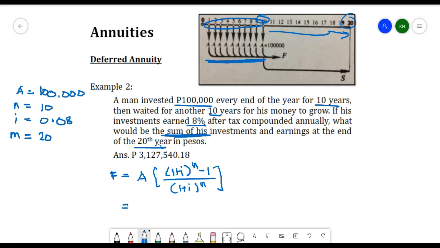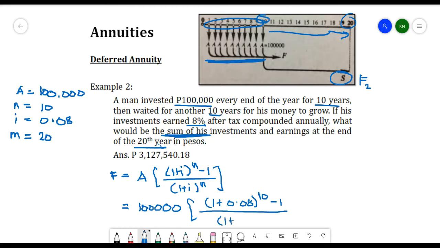So let's try to substitute this one first. This is just the F. We also need to find the S, or from the discussion earlier, that is F2. So A is 100,000 multiplied by 1 plus I, which is 0.08, raised to n, that is 10, minus 1 all over 1 plus 0.08 raised to 10.